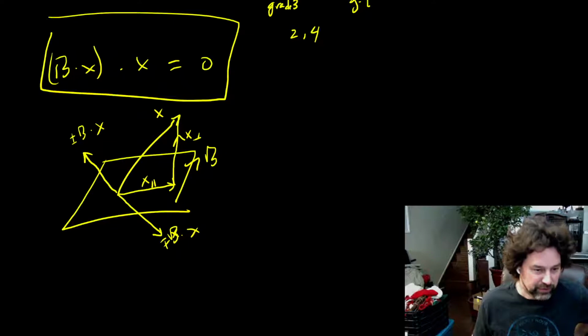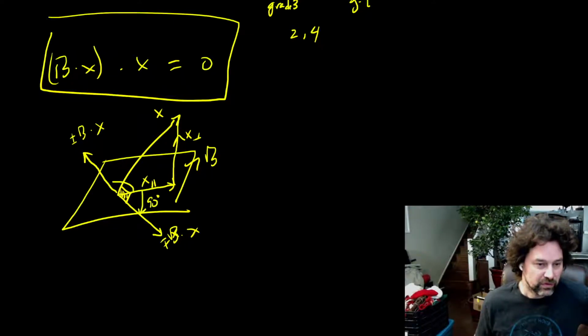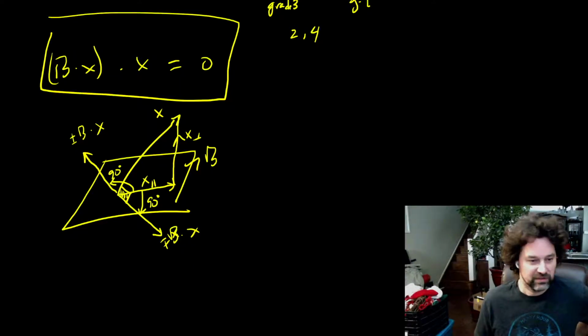They happen to be perpendicular to x, and so b dot x is essentially the projection of x onto b and then rotated 90 degrees in one of two directions. And we end up with a new vector perpendicular to x that lies in the plane.